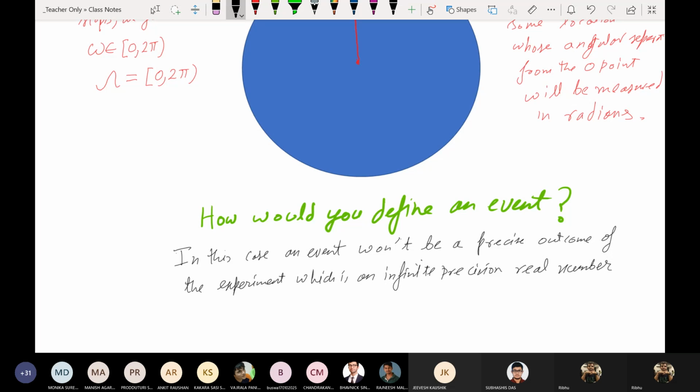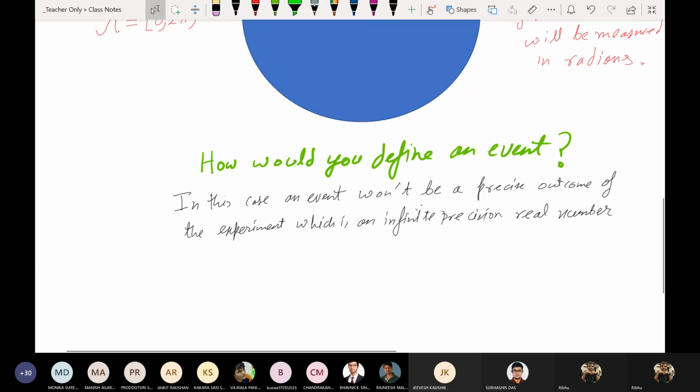So in the continuous case, the equivalence between an event and an outcome is disturbed. So in this case, we have to define an event as a neighborhood.